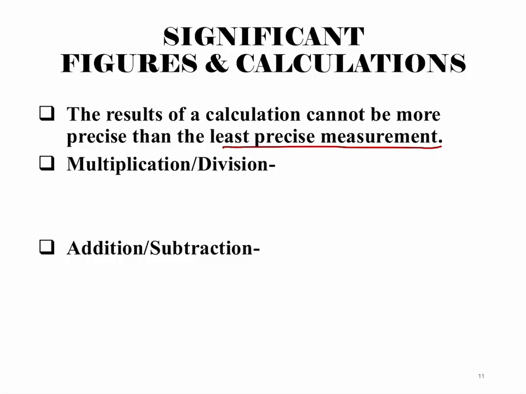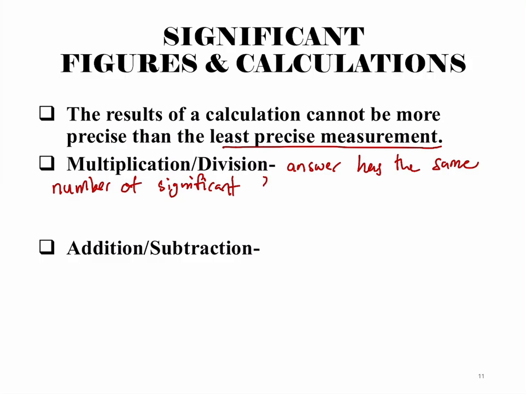So the rule when we're doing multiplication or division is that the answer has the same number of significant figures as the number with the least.